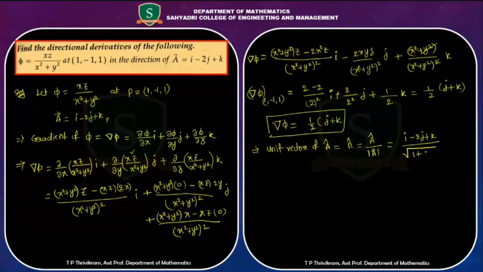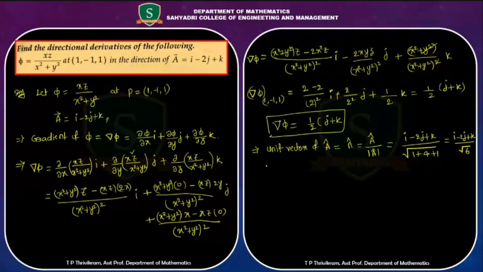So minus 2 square means 4, plus 1. So how much? i minus 2j plus k divided by root 6. 4 plus 1 plus 1 is 6.